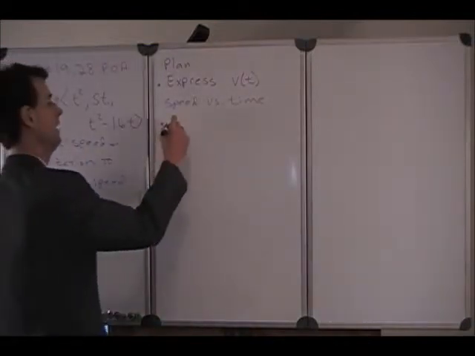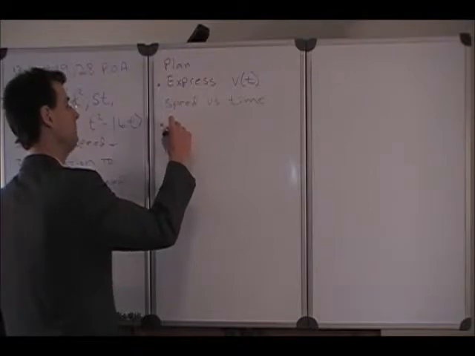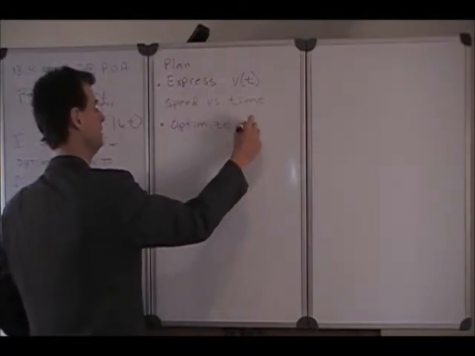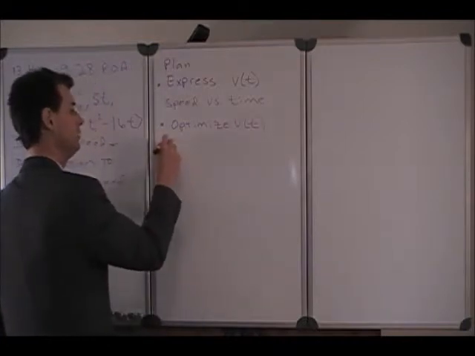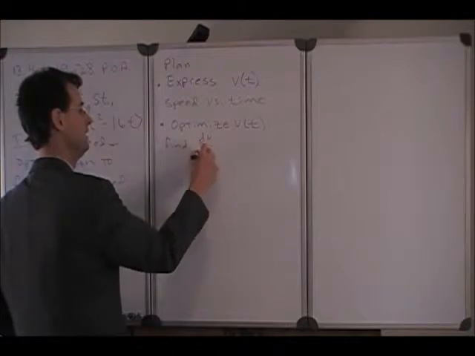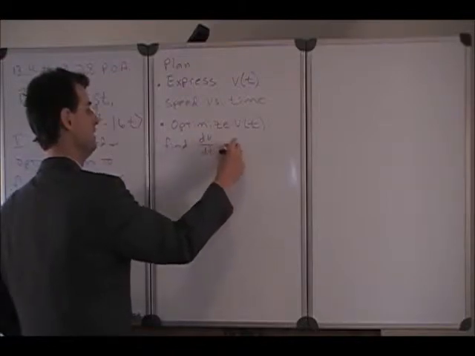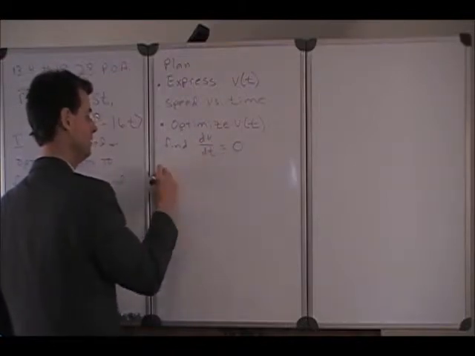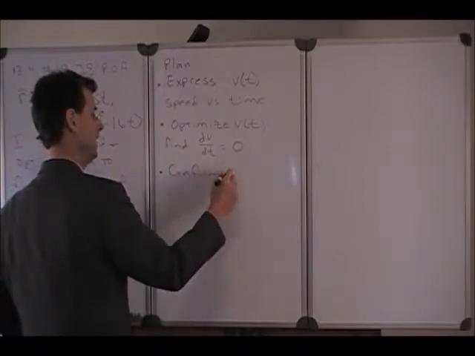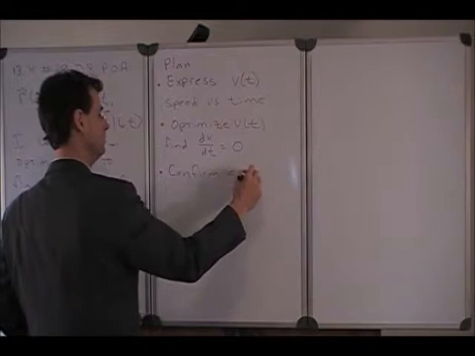And then we can optimize v of t. In other words, find dv dt and set that equal to 0, and then we can confirm that we have a minimum.